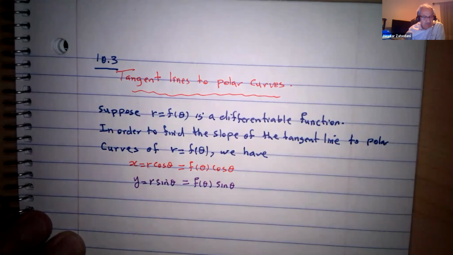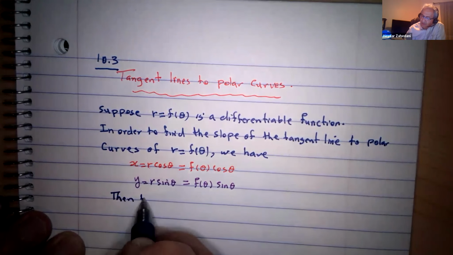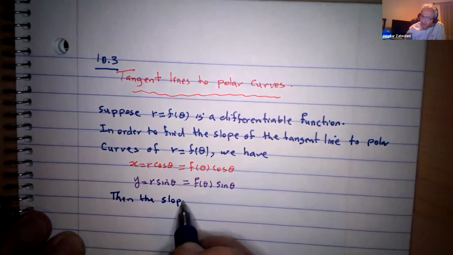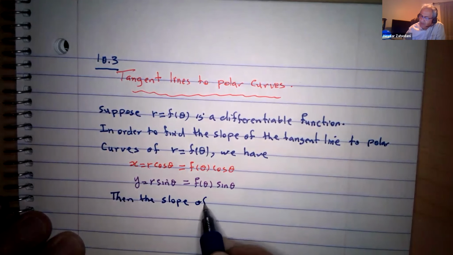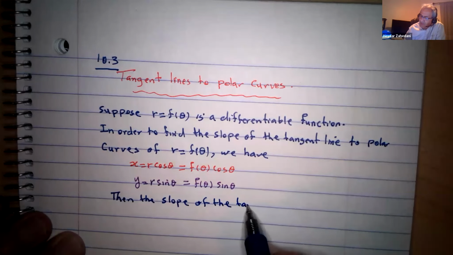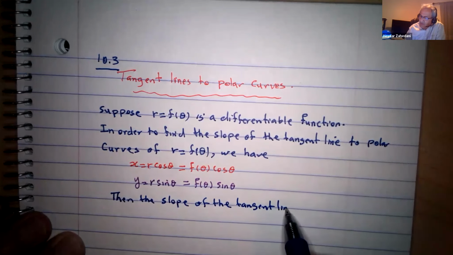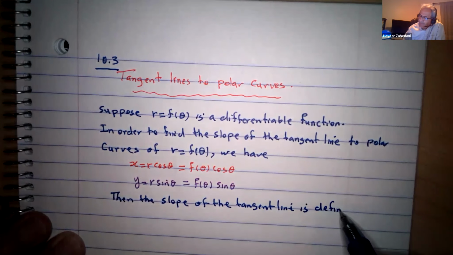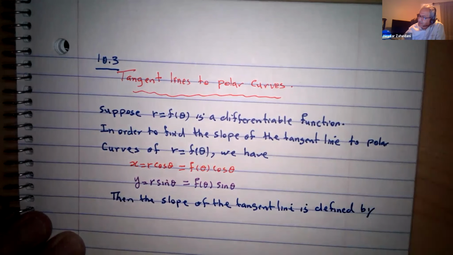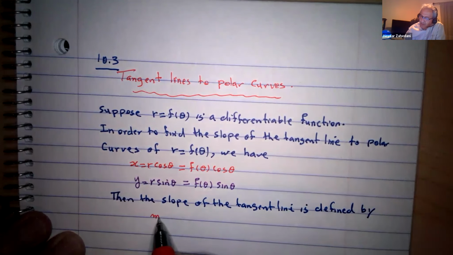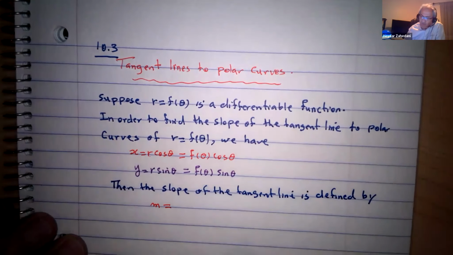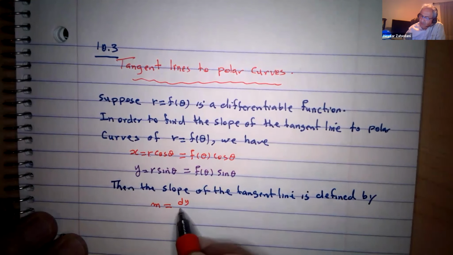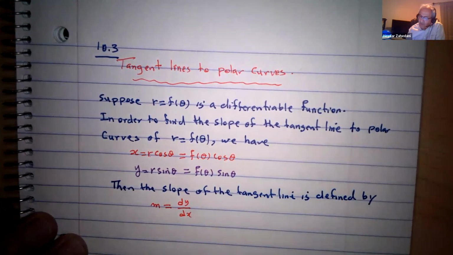If this is x and y, then you know what the slope is. The slope of the tangent line is, like the ordinary one, defined by m equal to the derivative dy/dx. But x and y are now functions of r and theta.